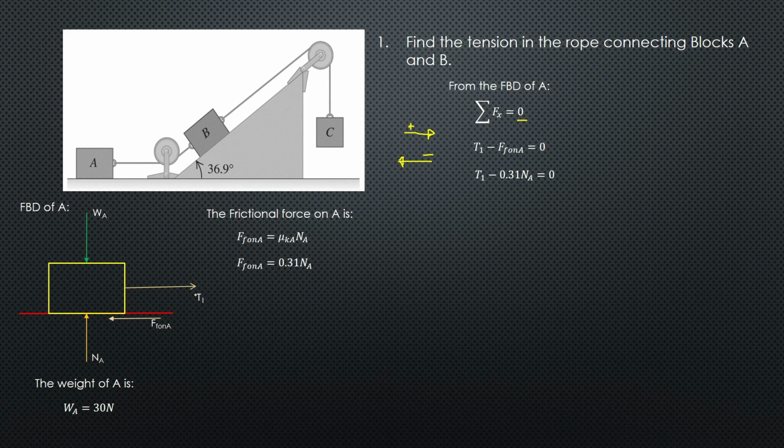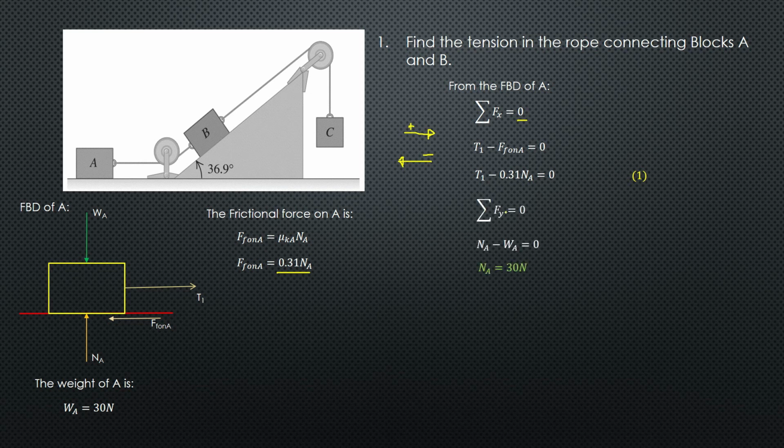The frictional force on A is negative. There are no more horizontal components. Therefore, T1 minus the frictional force on A, 0.31 times the normal force, will be equal to 0. That will be our first equation.